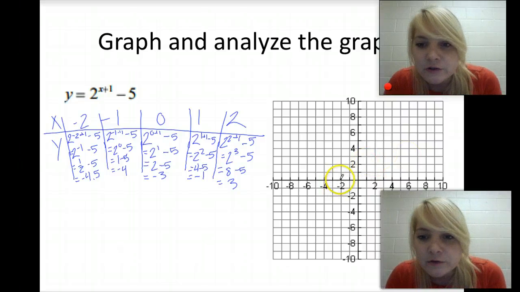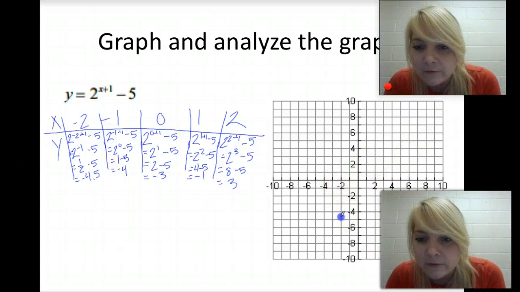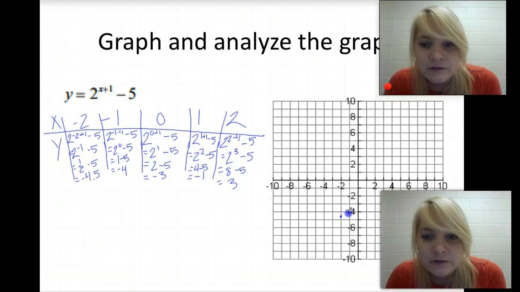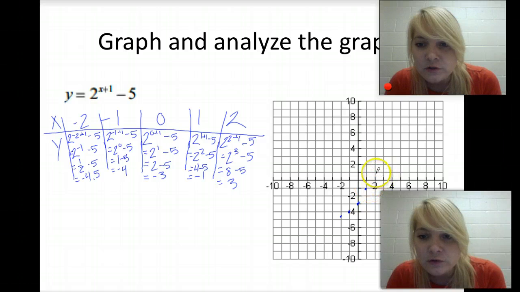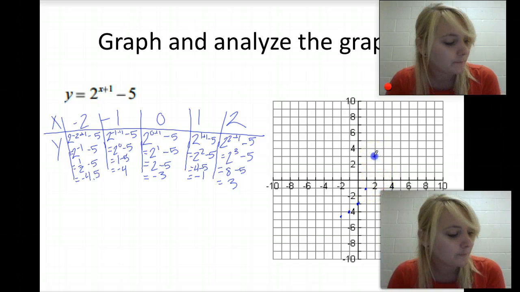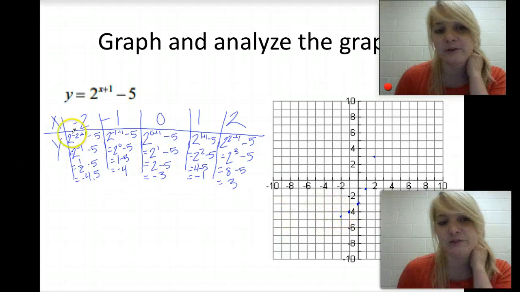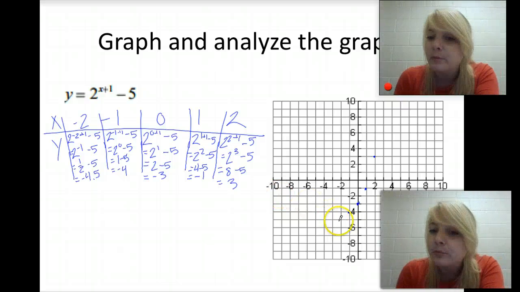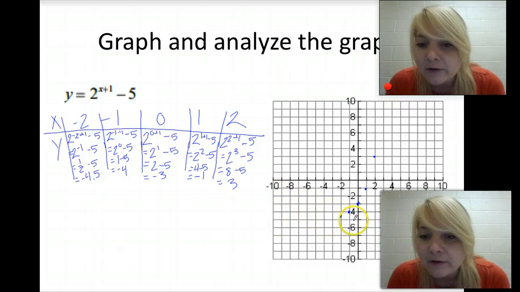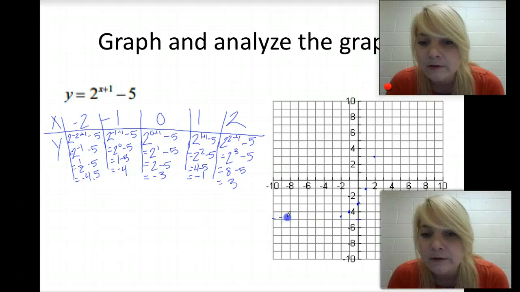So we get -2, -4.5, -1, -4, 0, -3, 1, -1, and then 2, 3. All right, so this one, if we decrease those x values, we'd be approaching the y value at -5, so we're never quite touching that value.